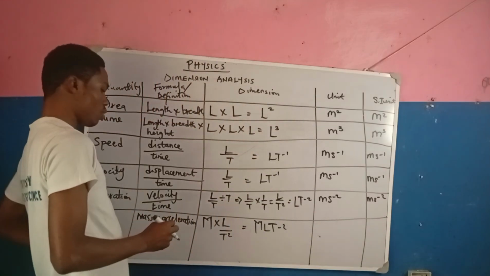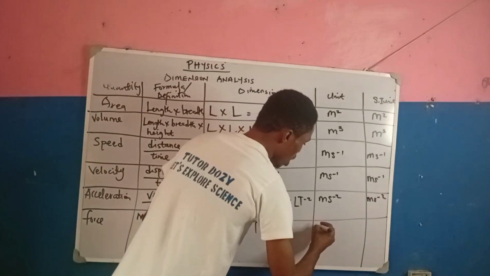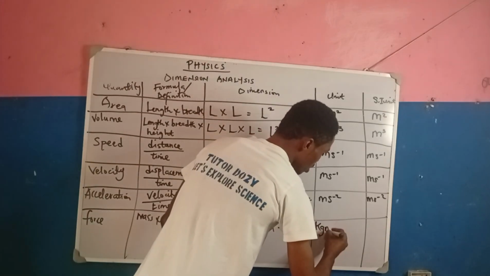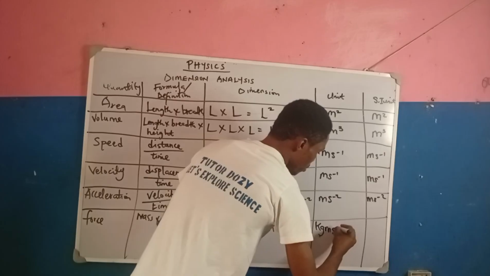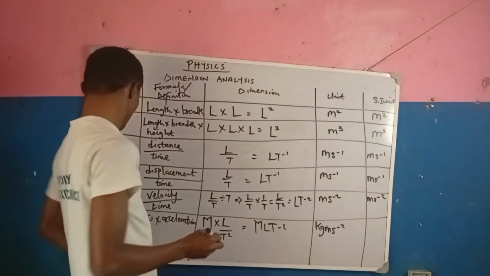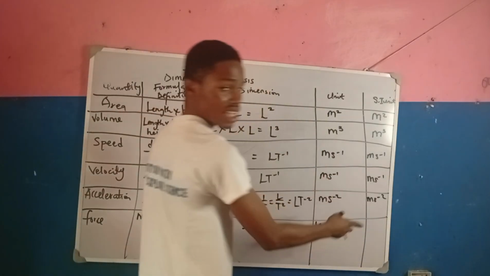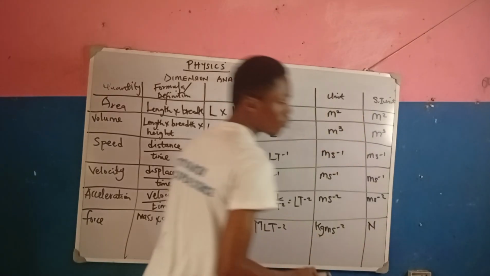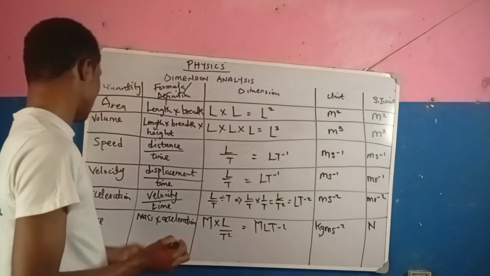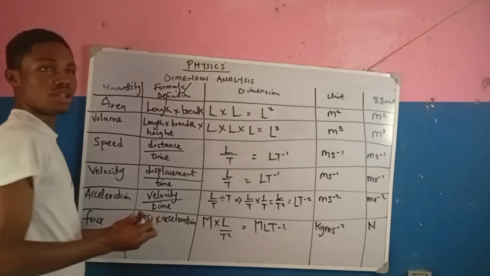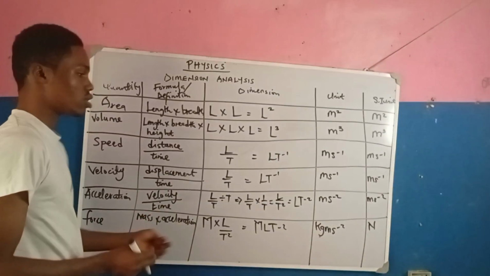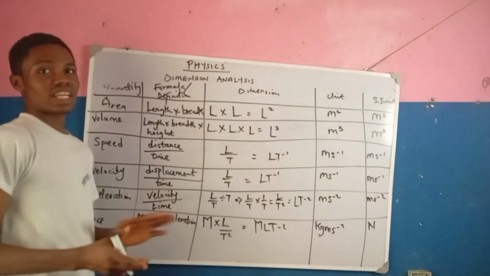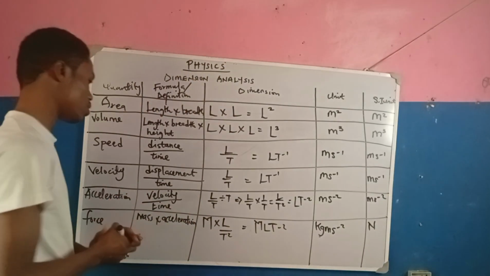This is the dimension for force. Our M is mass measured in kilogram, our length is meter, and our time is per second squared. This is the basic unit for force, but this is not the SI unit for force. The unit for force is Newton, because the person that discovered the laws of force is Isaac Newton. So from now use Newton as the SI unit for force.